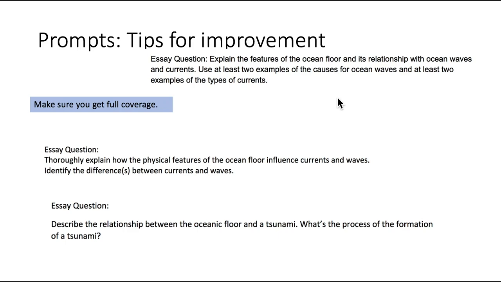So make sure that you would add just one little statement about 2 examples of the causes of ocean waves and types of currents that come from the ocean floor. And then it'd be good. Essay question here, thoroughly explain how the physical features of the ocean floor influence currents and waves. Identify the differences between currents and waves.